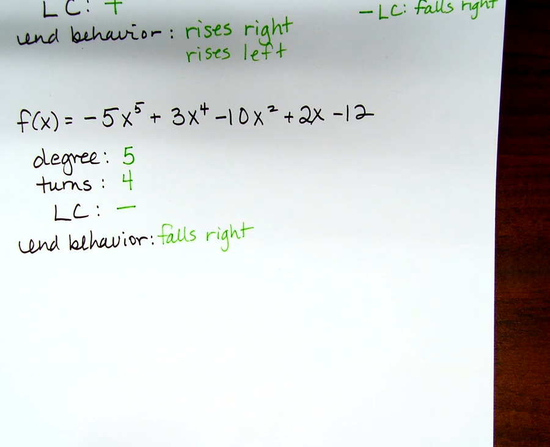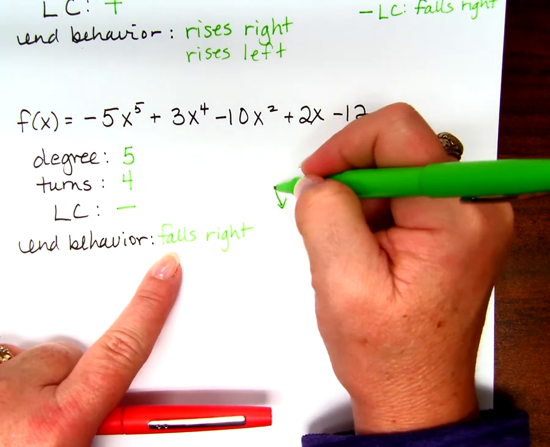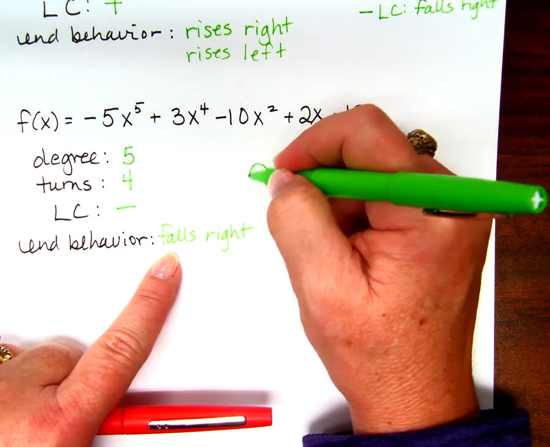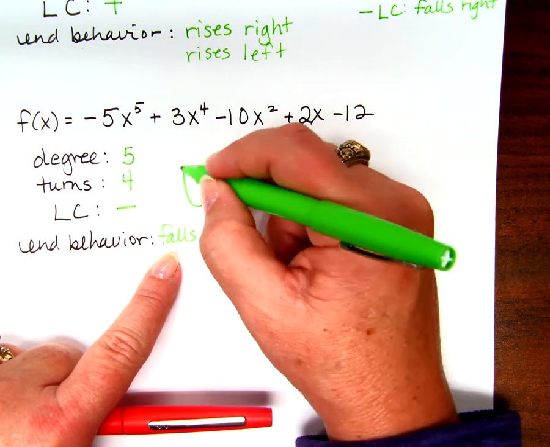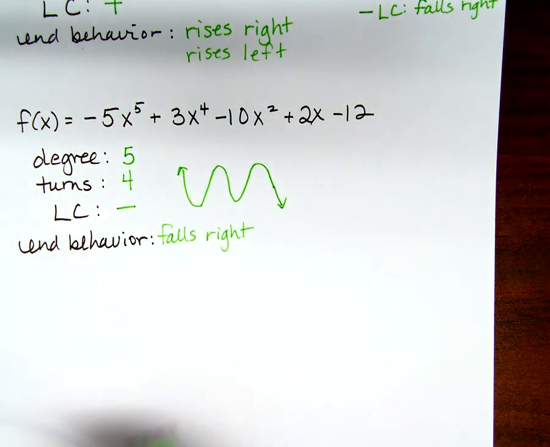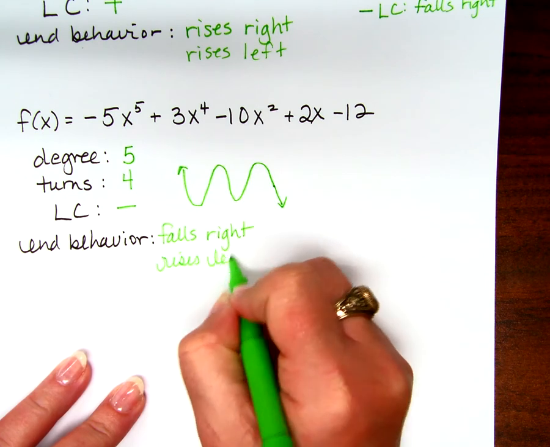Another volunteer. Jennifer, how do we find the left behavior? We draw a little graph, right? So if it falls right, how many turns are there, Jennifer? 4. So 1, 2, 3, 4. So tell me what's happening to the left. Perfect. Done.